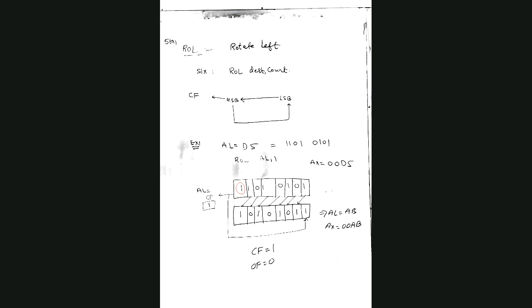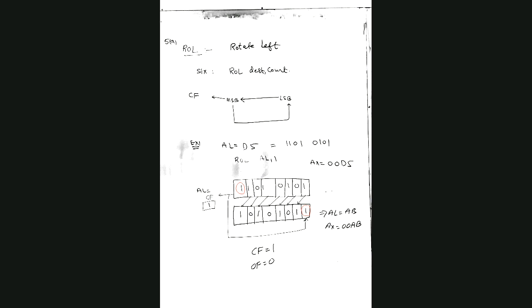So the value which is left at the end, the MSB, is copied into the carry flag, and also copied into the least significant bit, because if you are moving least significant to most significant, this will be empty.